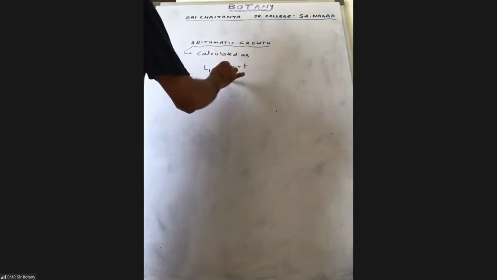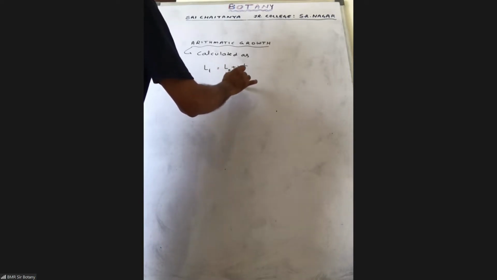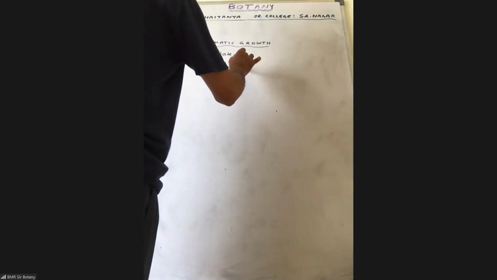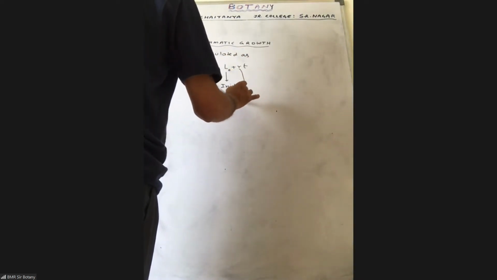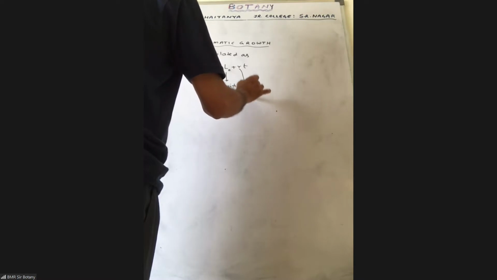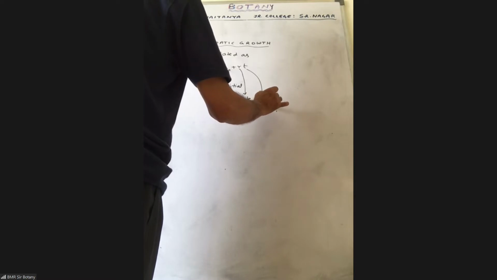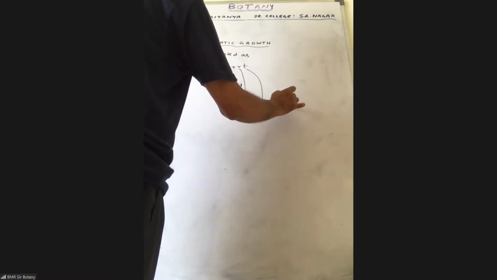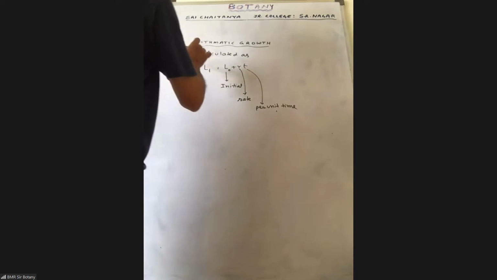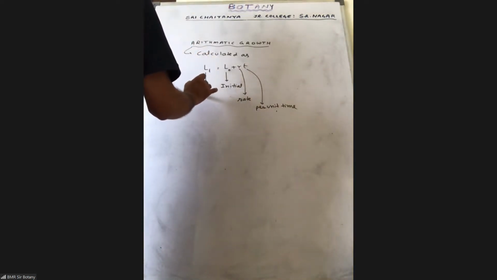Net growth is taken as LT. L naught is the initial level of growth, whereas RT represents the rate per unit time, the total growth per unit time.